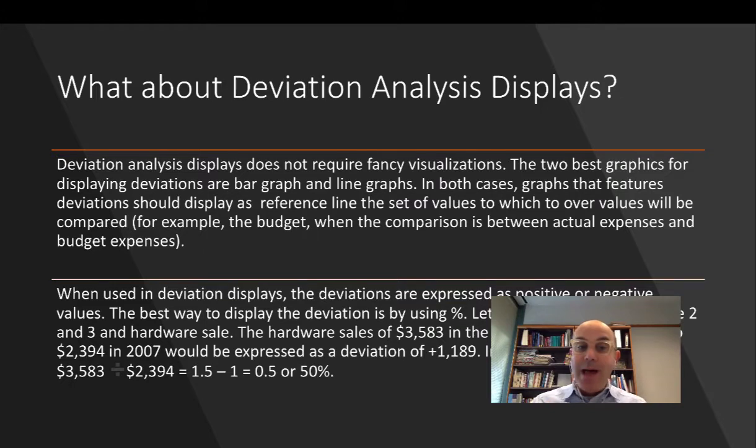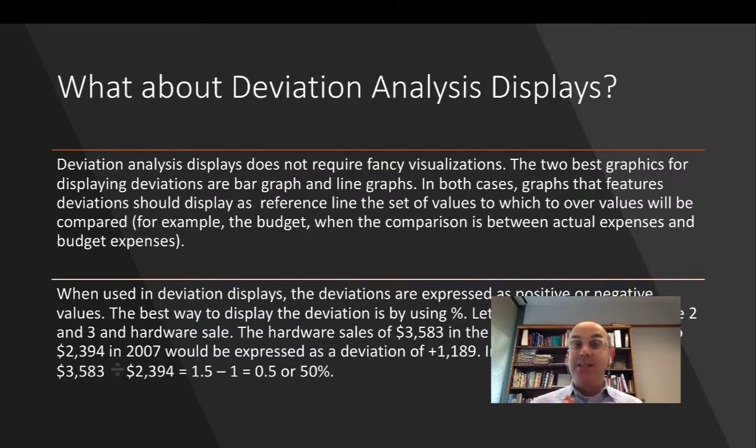So, how do we apply that? Deviation analysis display does not require fancy visualization. The two best graphics of this type are the bar graph and line graph. In both cases, the graph that features deviation should display as a reference line the set of values over which it is compared to.